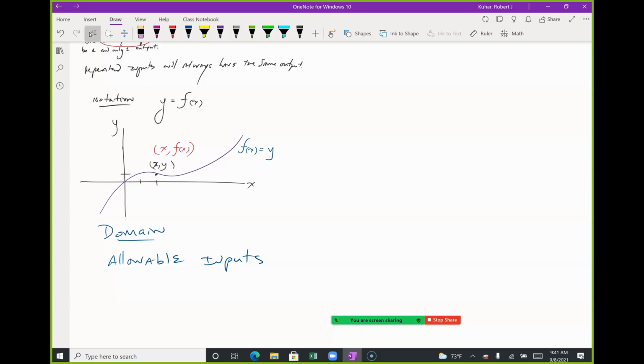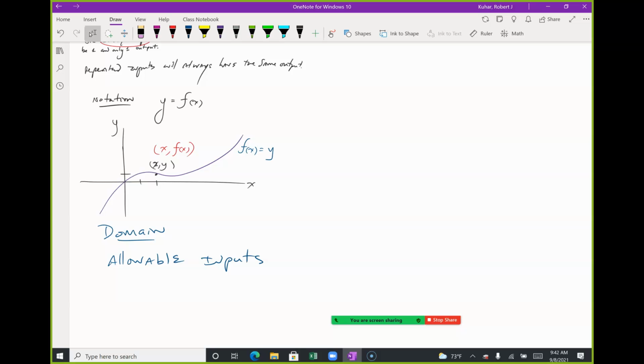If my function is a soda machine, I can put paper clips in there, but it's not going to do anything for me. I can put coins in, I can put dollars in, I can put a credit card in. So allowable inputs is my domain.